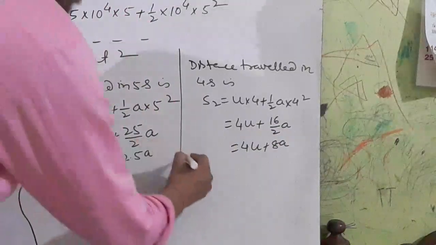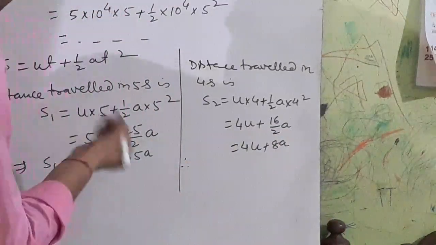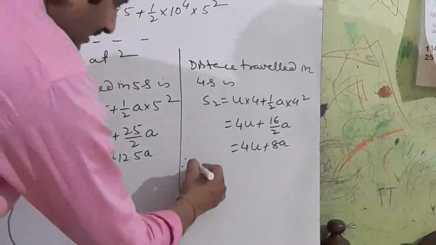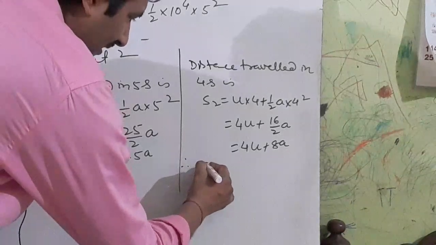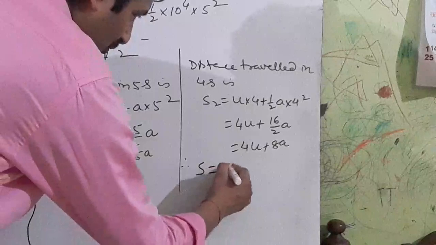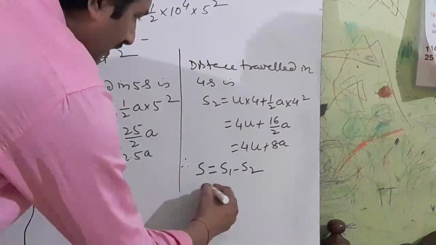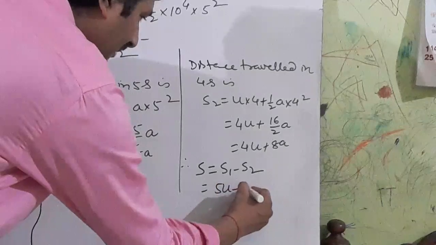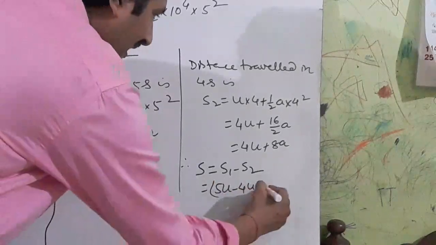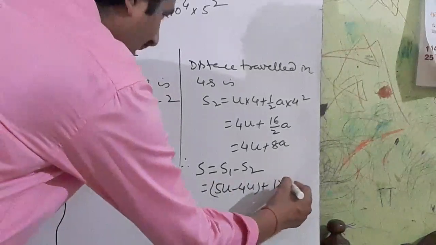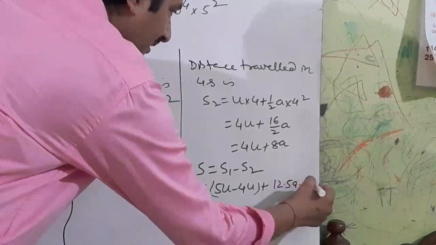Therefore distance travelled between 4th and 5th second is S is equal to S1 minus S2. S1 minus S2, you see 5u minus 4u plus 12.5a minus 8a.